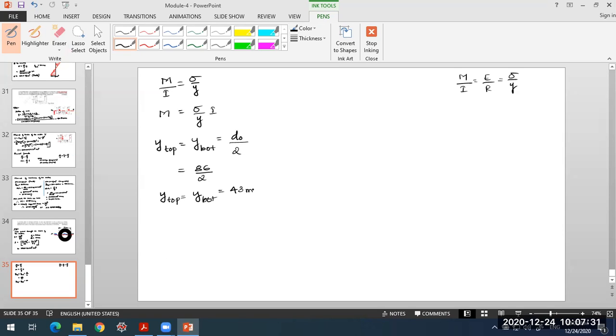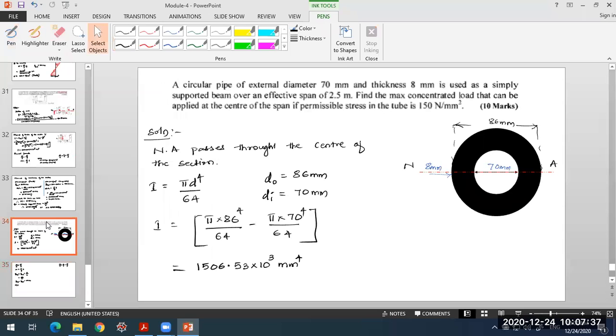Now for the moment of resistance: the permissible stress in the tube is 150 Newton per mm square. Nothing has been said whether it is in tension or compression, so we can take the permissible stress in tension and compression as the same, 150 Newton per mm square.